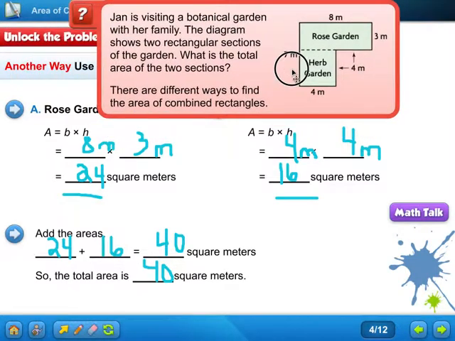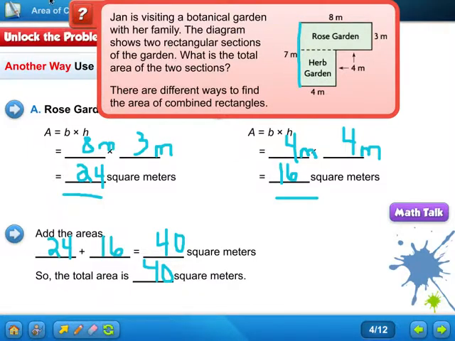So the botanical garden, you broke it apart. You did the herb part, and then you did the rose garden, and then you combined them because you knew that 8 meters and 3 meters was 24. And over here, you want to make sure you wouldn't use this 7 because you're only doing this section right here. And that 7 right here is this whole line right here.